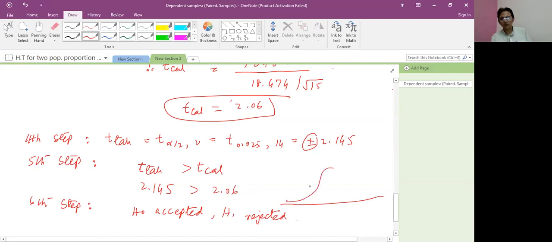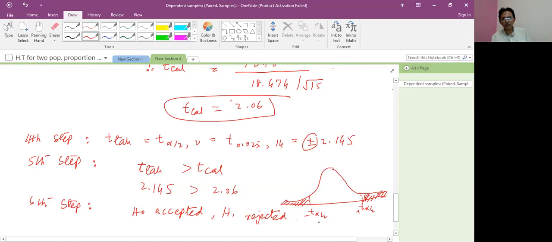We draw a diagram. T alpha by 2 and minus T alpha by 2 are the rejection regions because it is a two-tailed test.